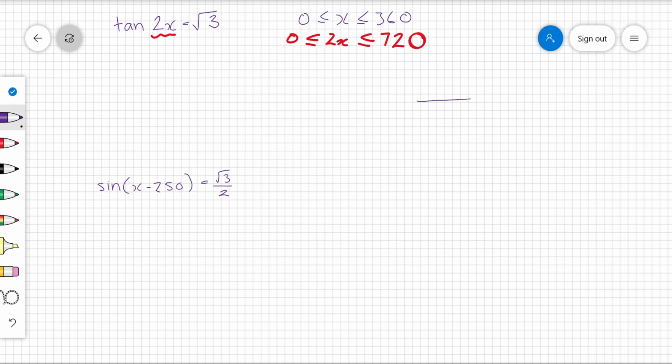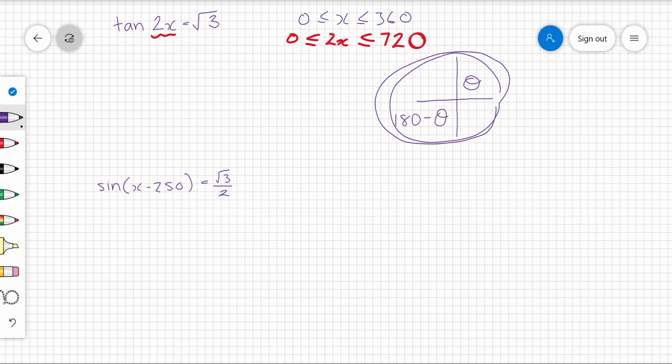So we are going to go twice around the circle, and if we note that in this case tan 2x is positive, so all stations, I only want these two quadrants, but I'm going to go around. That's the first time round. If I go around a second time, I'm going to get this plus 360 because I've gone around again.